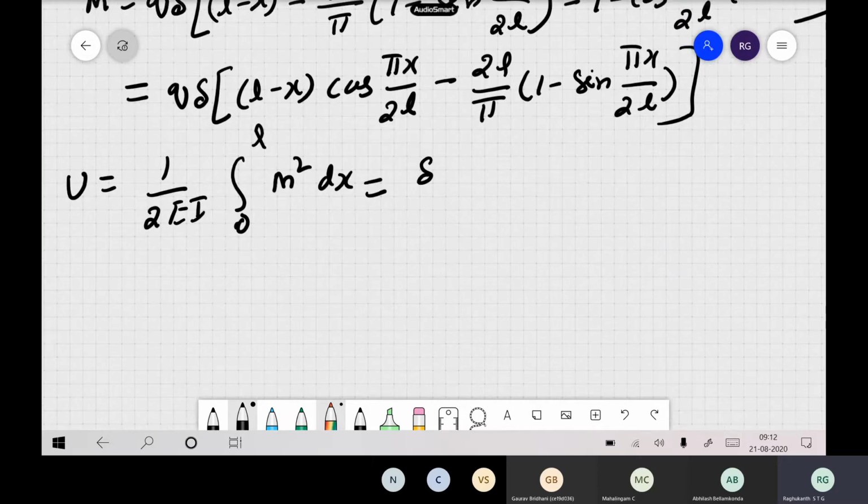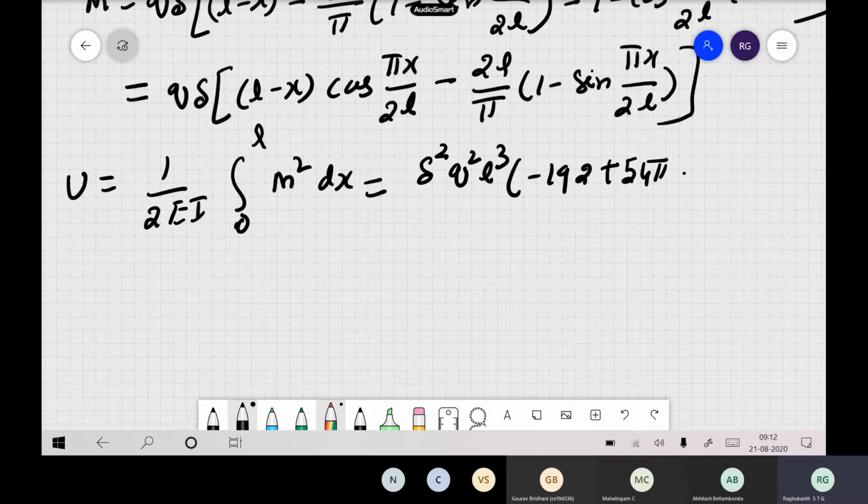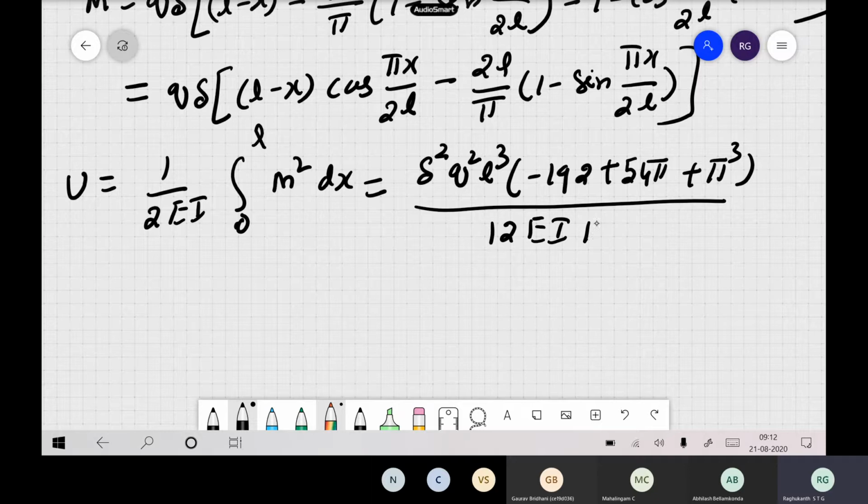So this turns out to be delta square q square L cube times (minus 192 plus 54 pi plus pi cube) by 12 EI pi cube. So this is our final expression, the bending strain energy.